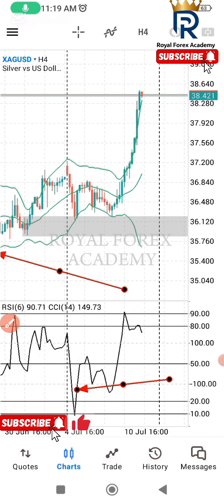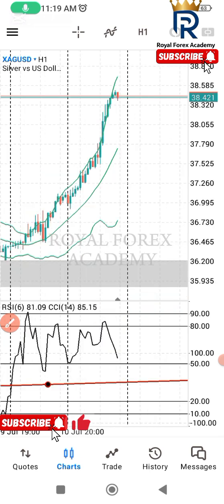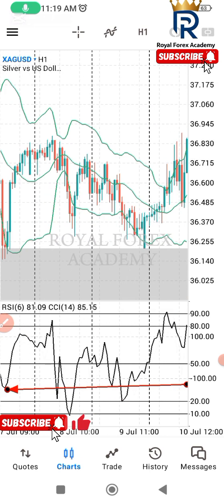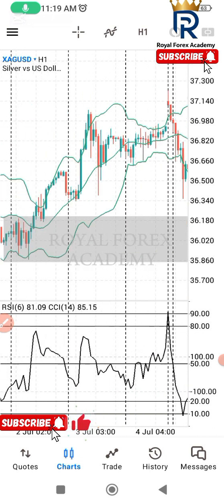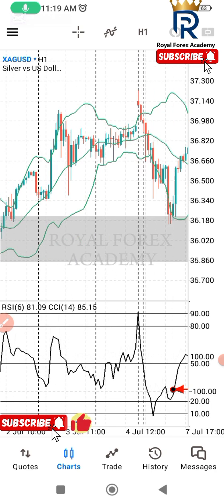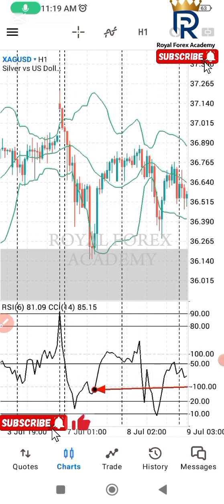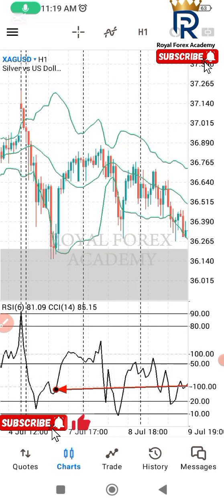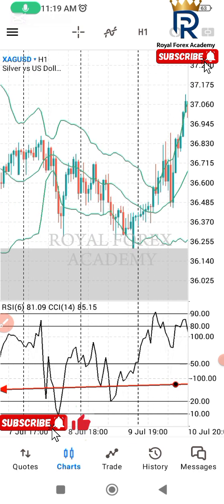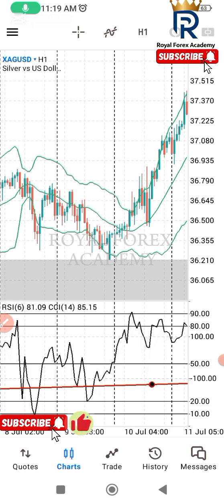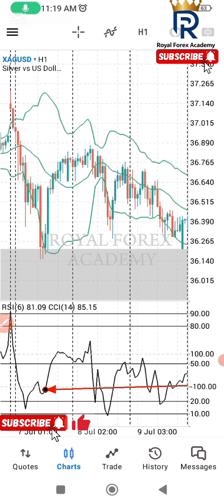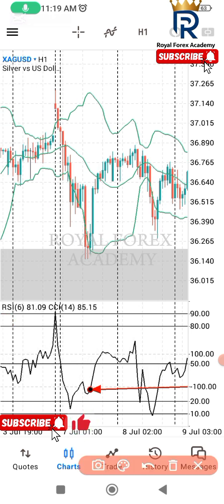So if you are to make your entry based on a 1-hour time frame, you will be using a candlestick pattern, which has to be an engulfing candlestick pattern or a bullish pin bar. Okay, so now this is the first.